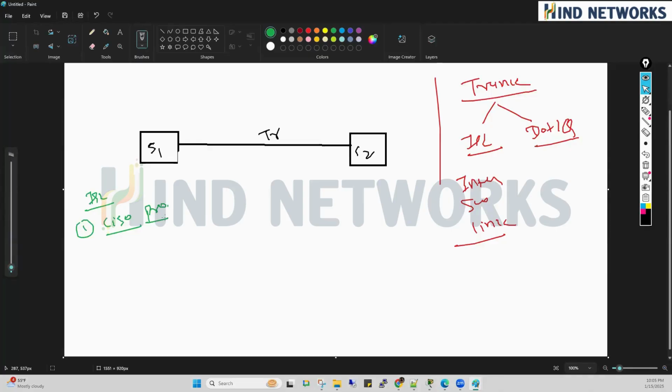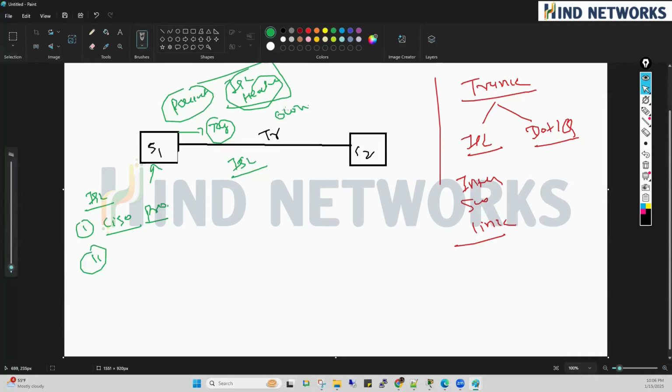If you are using the ISL protocol, whenever the switch receives any packet, it will perform the tag. This is the original packet, and with it ISL will add its own header, the ISL header. In the ISL header there is a field called VLAN tag or VLAN ID.